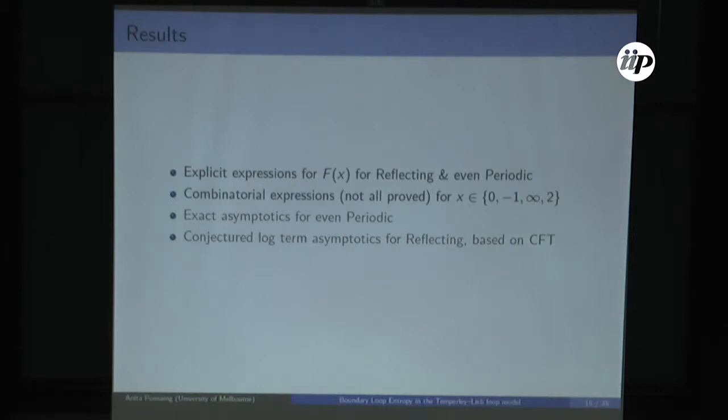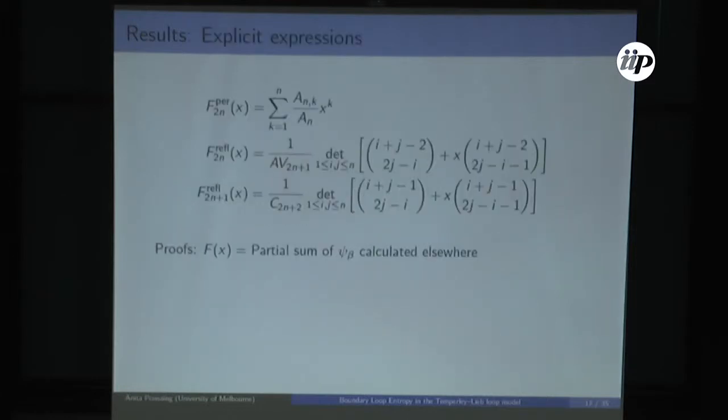Okay, so first of all, the first two. These are the explicit expressions for f of x. Here they are. In the periodic case, it's just a sum with coefficients to do with the alternating psi matrices. I'll define this thing in a second. As you can see, it's just a degree n polynomial where the size of the system is 2n. In the reflecting case, they have these determinant expressions.